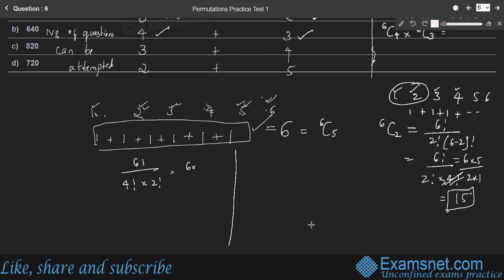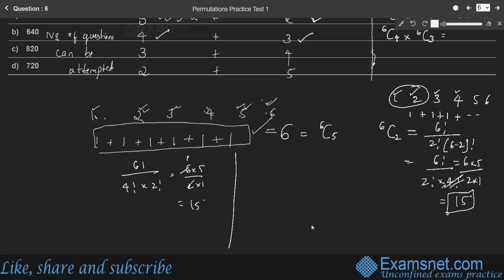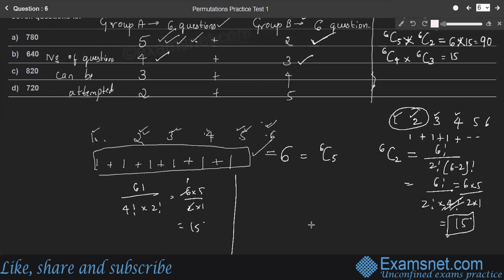So which is 6 into 5 by 2, you will get 15. So 6C4 is 15 into 6C3.